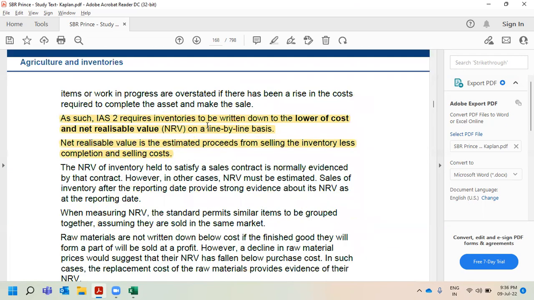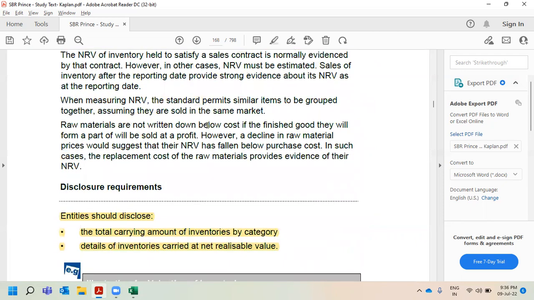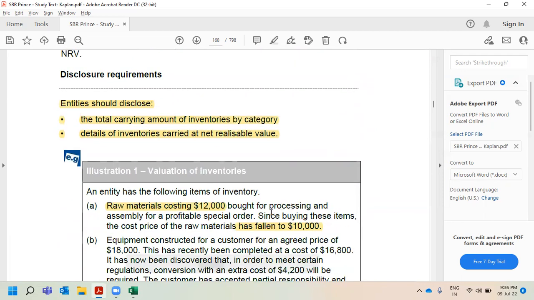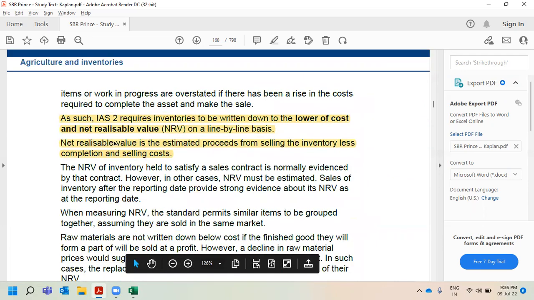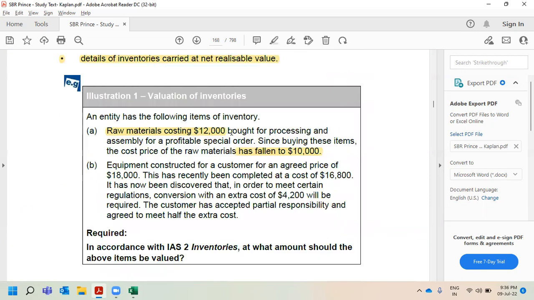But subsequently, the next day, because of the rain, we have damage to our mangoes, so we have to value it again. Subsequently we have to value it at the lower of cost and NRV. So which is lower?